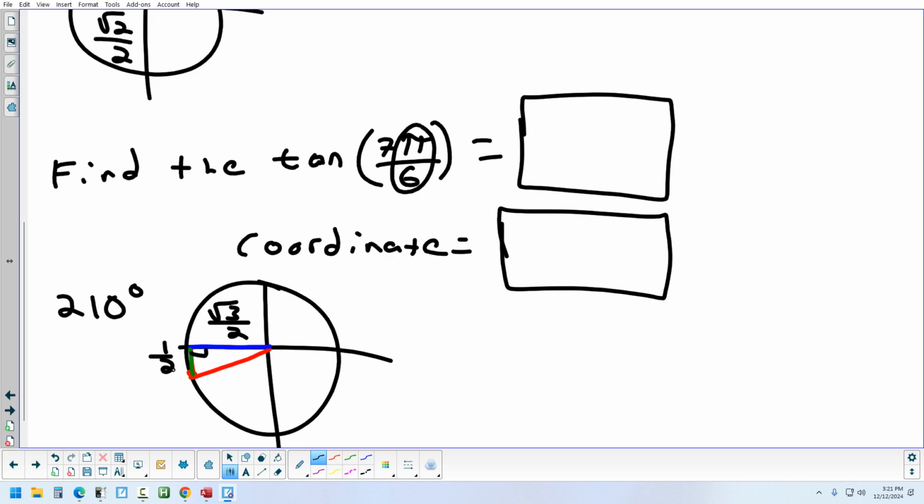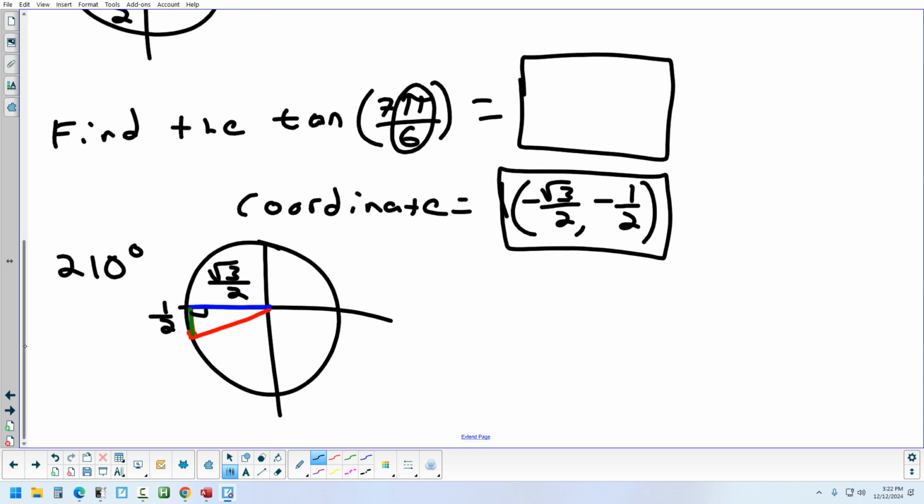What would your coordinate be? Negative root 3 over 2, negative 1/2. And now they want the tangent. What's the formula that we use for tangent? Y divided by x. When we divide those, what's going to happen?